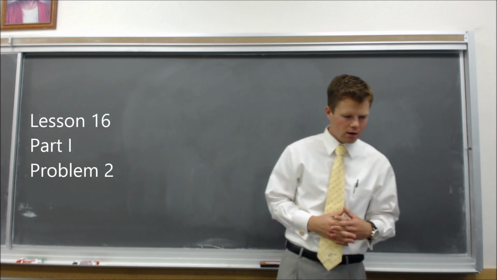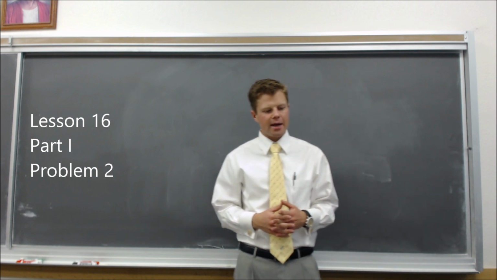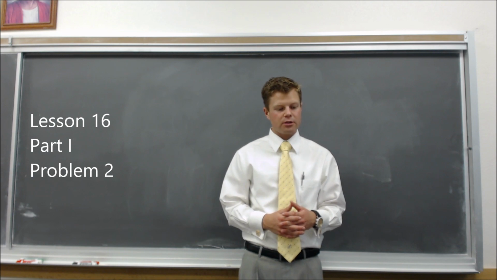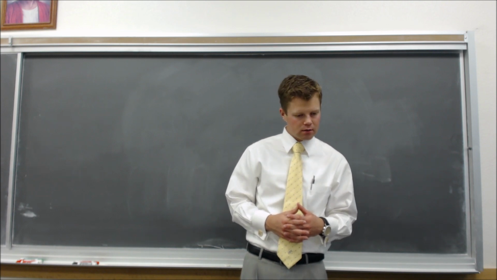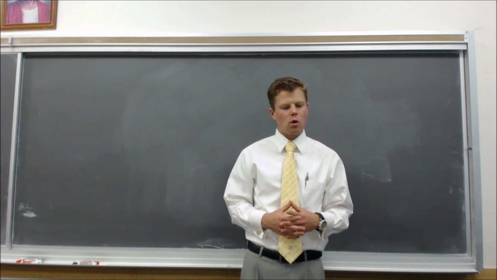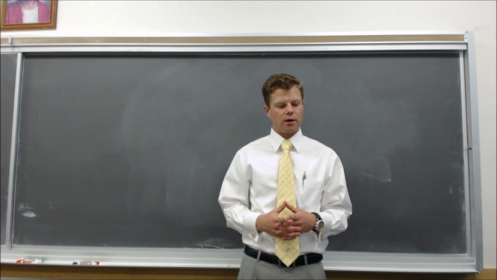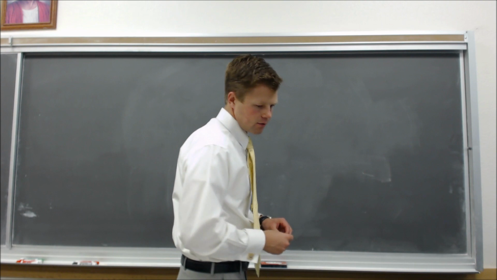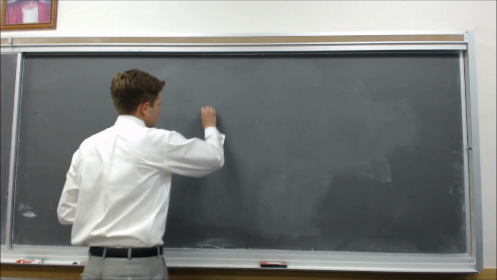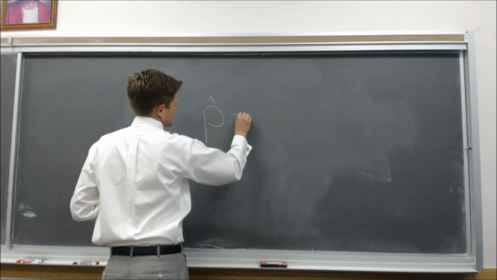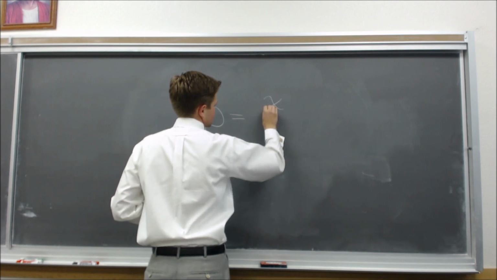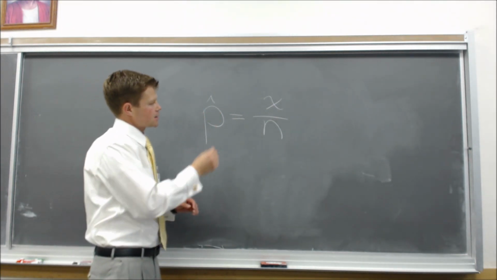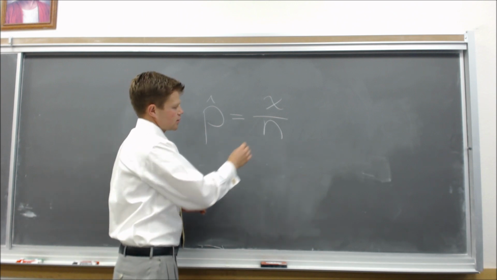Question 2. When given a sample, what is the formula to compute p hat? Explain what each variable stands for in your formula. Our formula is as follows: p hat is equal to x over n. Let's start with the n.